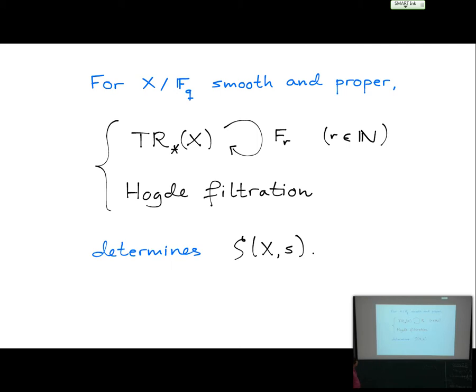Let me also say that these Frobenius operators do not act with integer eigenvalues. So in fact, if you have a scheme which is smooth and proper over a finite field, then the action of the Frobenius operators on this pro-abelian group, together with the Hodge filtration, completely determines the zeta function.